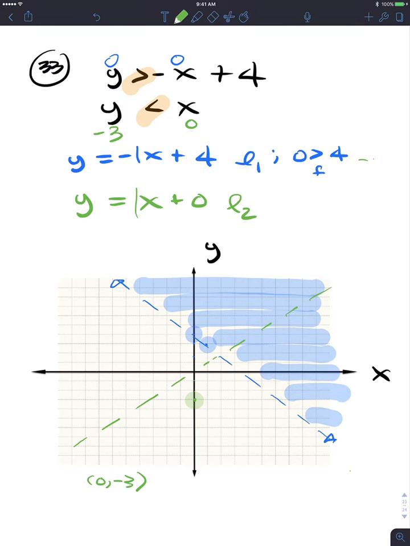Now let's test this. Is negative 3 smaller than 0? The answer is yes. Since this is a true statement, we're going to shade the region that contains that test point, which is the lower right region.